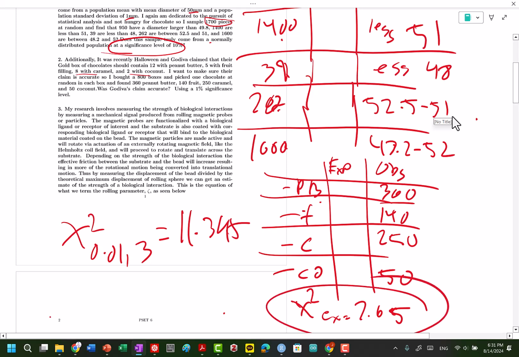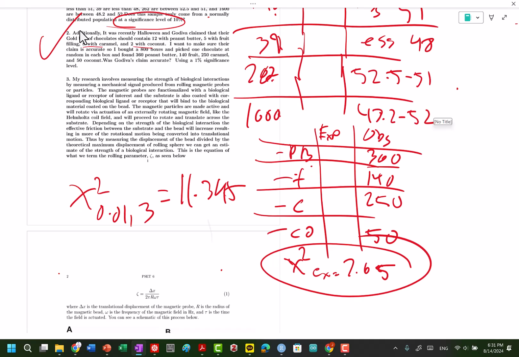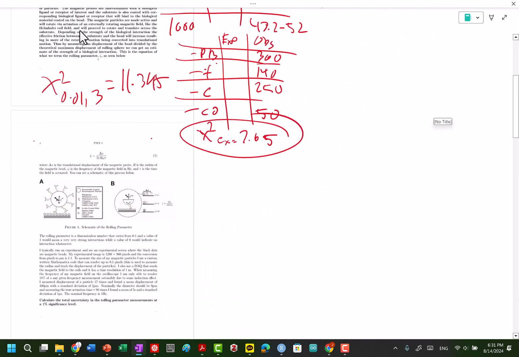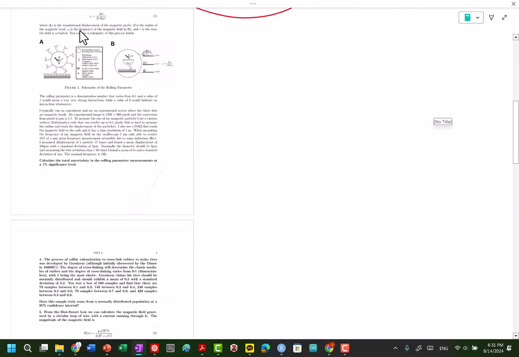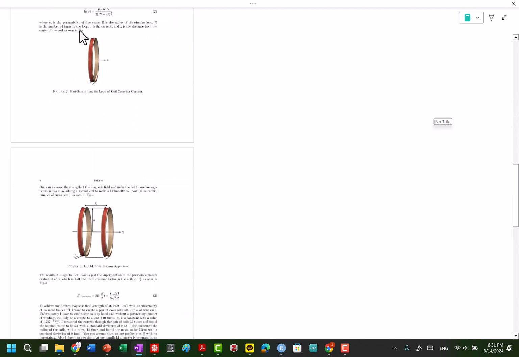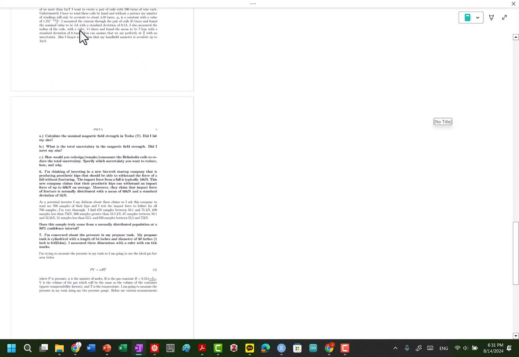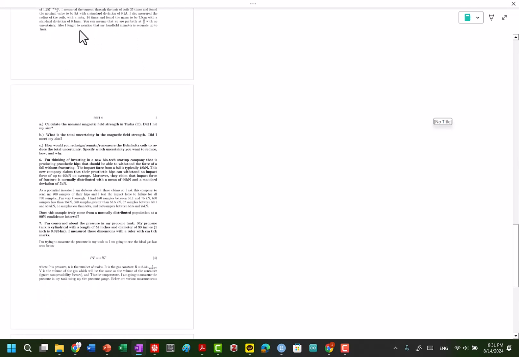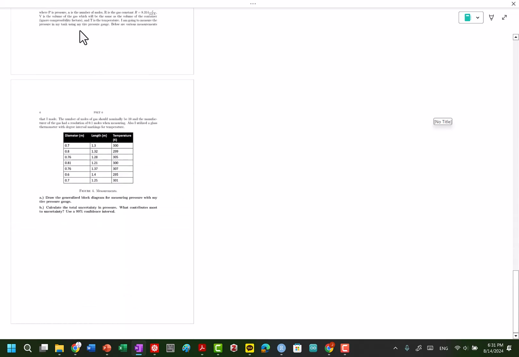So we do not reject again. Got it. All right. The next problem is an error propagation. And so is problem 5. And so is problem 7.